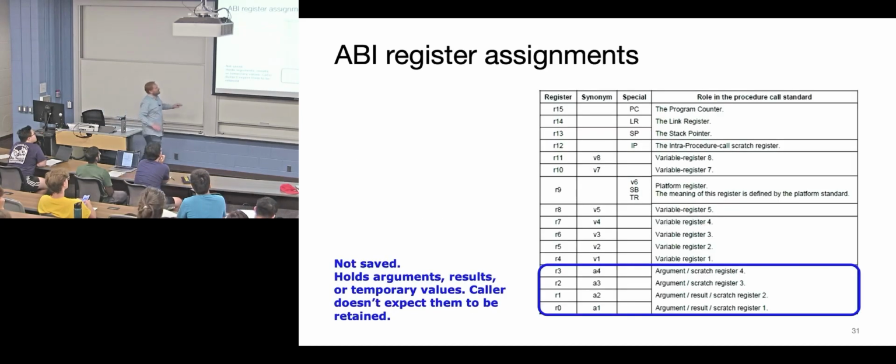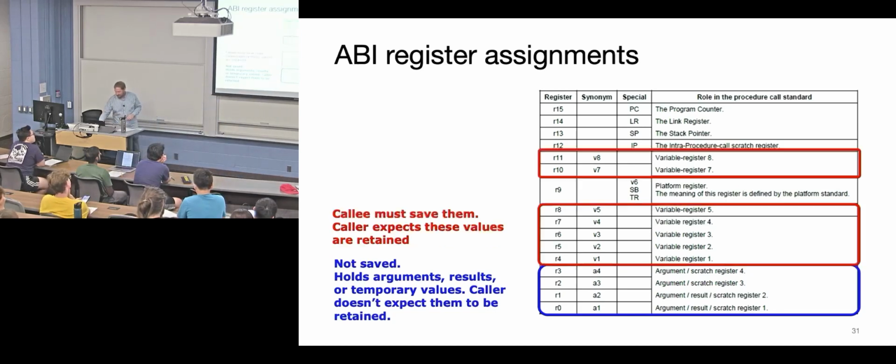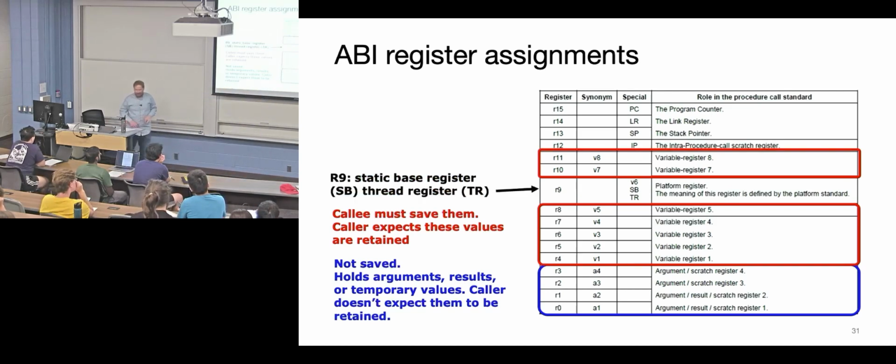Okay, so these are not to be saved, right? So the caller does not have to, or the callee does not have to save these values. They are scratch space. We have these registers highlighted in red. The callee expects those to be saved. So these values the function cannot augment. There are some minor exceptions here, which get students every year.